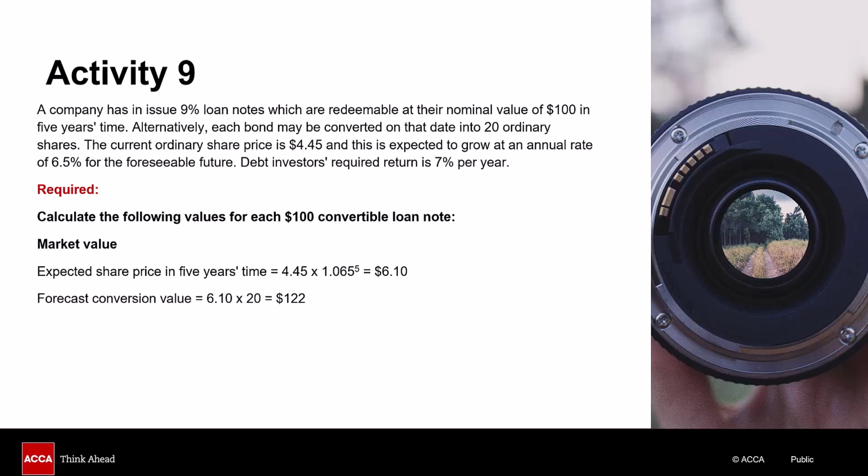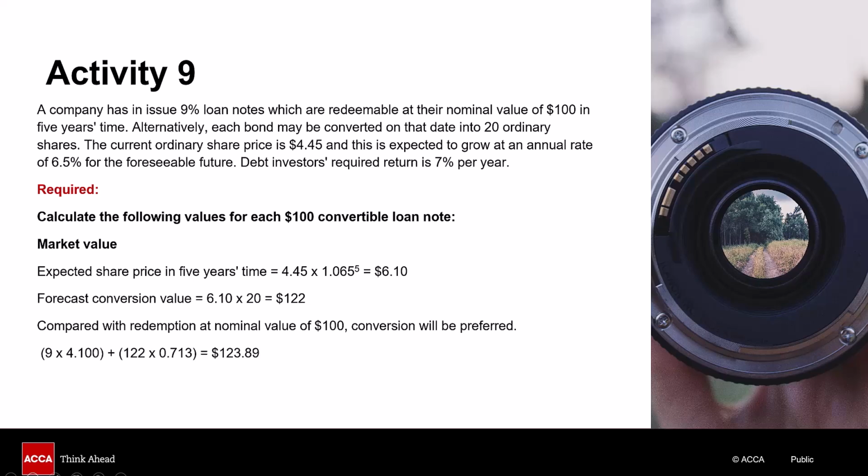So the market value is now going to be based on the conversion value. And the forecast conversion value is 122. That's because the share price is forecast to be 6.10, and you times that by the 20 ordinary shares that they will receive. Now, if you compare that to the redemption value of 100, conversion will be preferred.